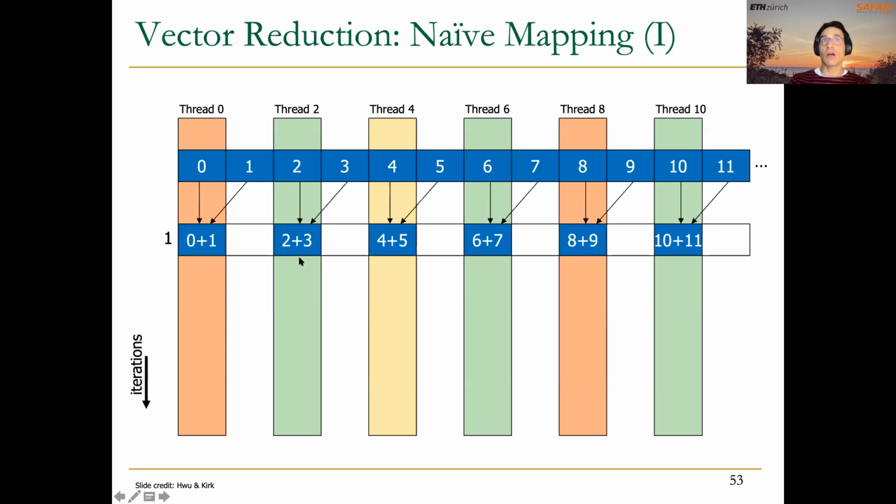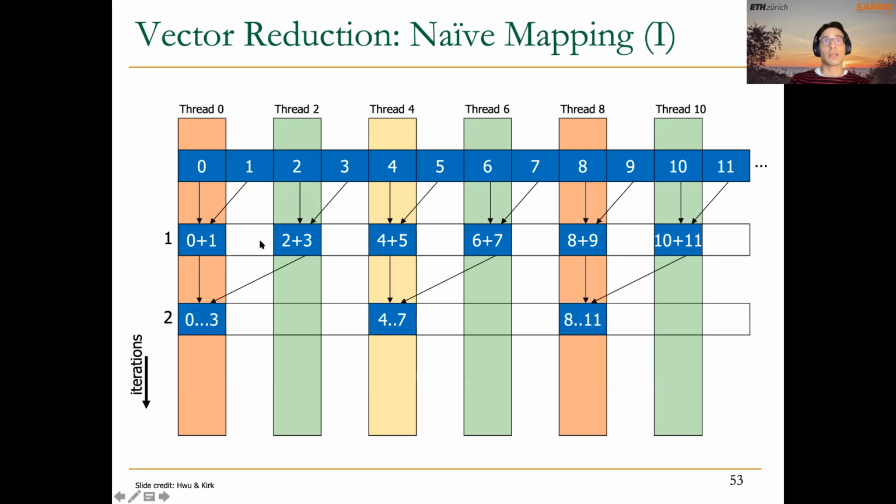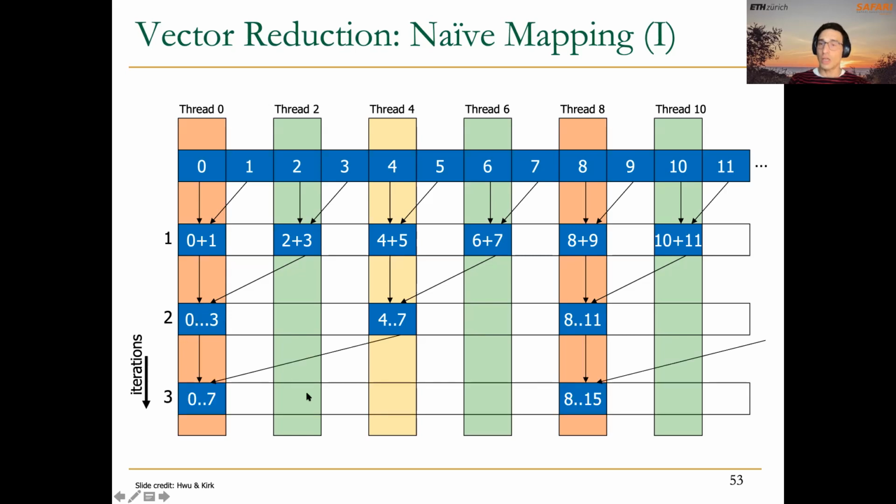In the next iteration, half of the threads retire, and the rest perform the subsequent additions. In this case, thread 0 is adding this partial sum here and this partial sum here, and storing them in a certain position. And in the next iteration, again, half of the threads retire, and so on.